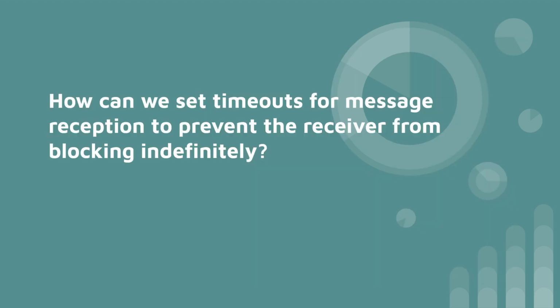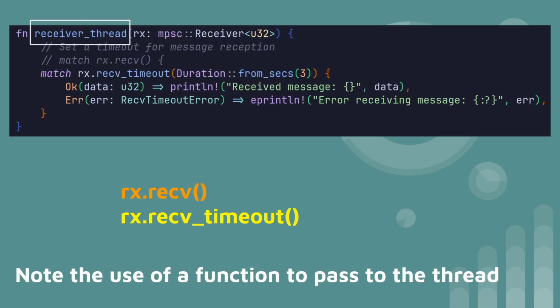So one other idea I had was, how do we set timeouts for message reception to prevent the receiver from blocking indefinitely? You can use recv_timeout. Where you would previously in this code have put rx.recv, you can replace it with recv_timeout.